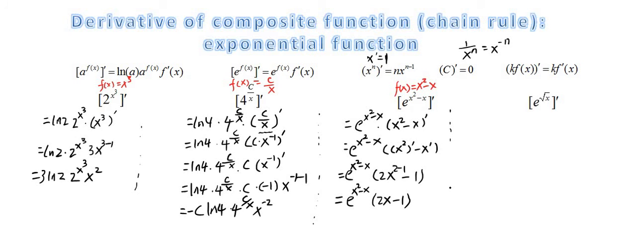For the last example, we can tell what f(x) is. That is the square root of x. Okay, again we can follow formula 2, and we can write it as e to the power f(x), the square root of x, times the derivative of f(x), the derivative of the square root of x here.